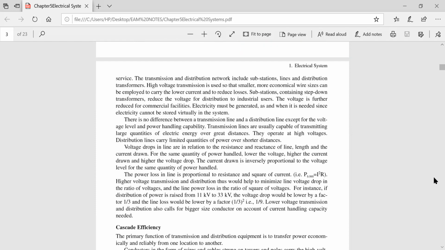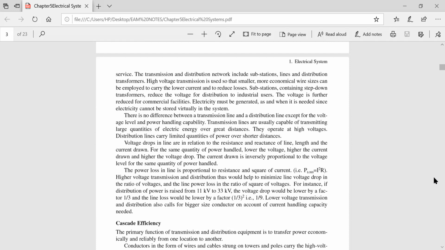Power loss in the transmission line is proportional to the resistance and the square of the current, that is P loss equals I squared R. So with higher voltage transmission or distribution, the line drop is minimized in the ratio of the voltage.